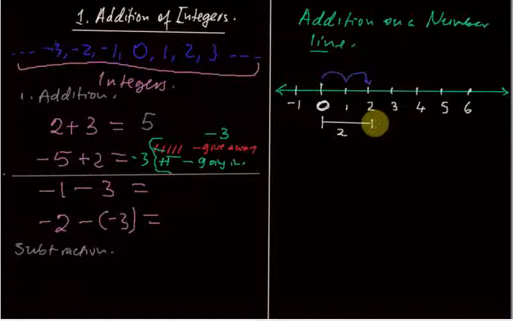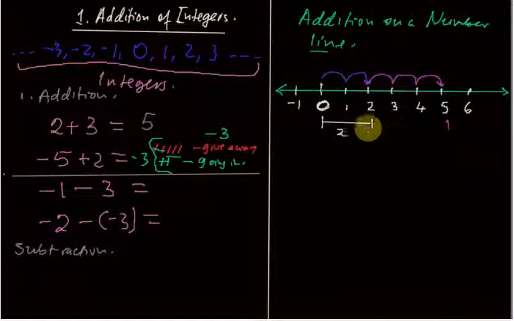So from here, I have to go another 3 steps. Let me use a different color so that you can understand. So it is 1, 2, 3. I'm going to end there. So my journey will end here.